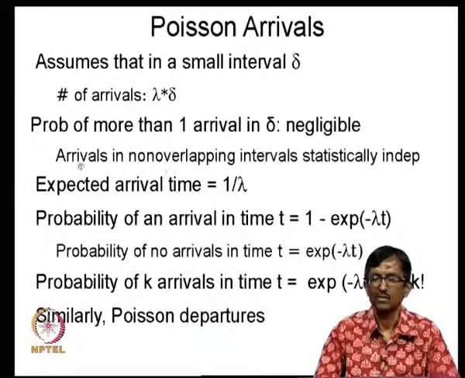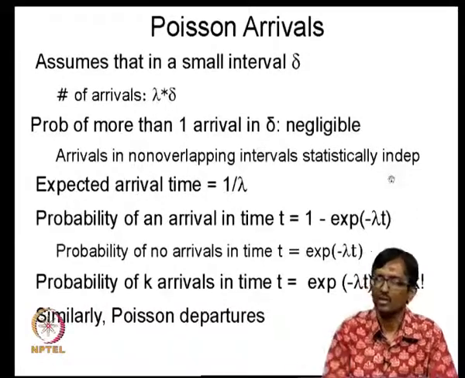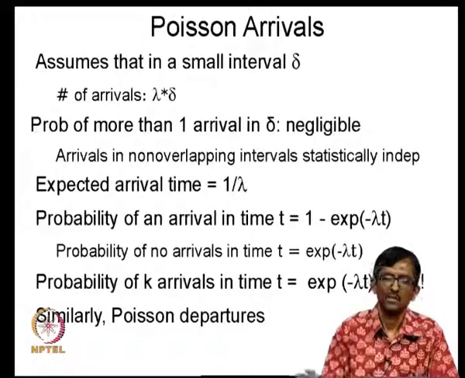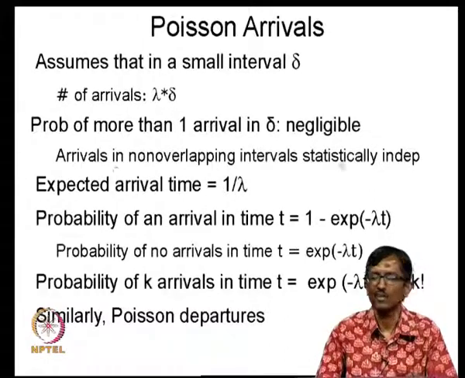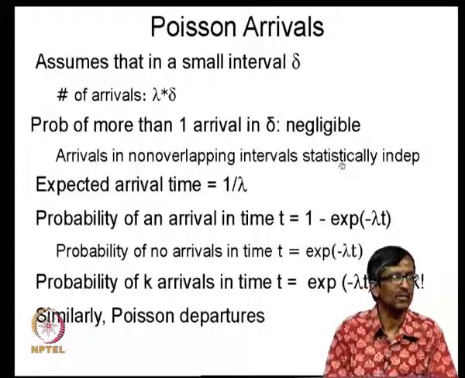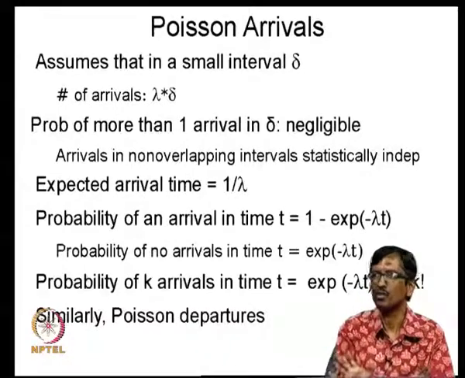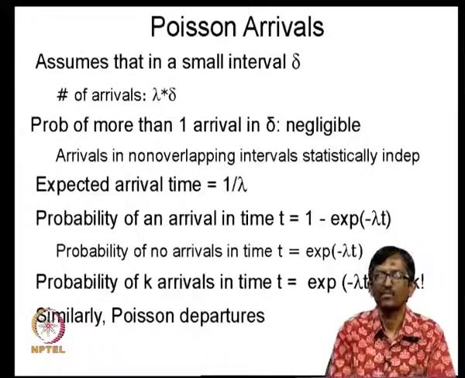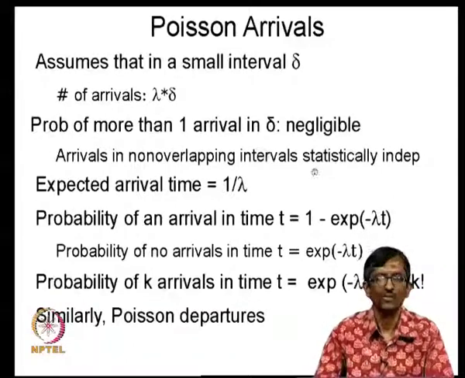Arrivals in non-overlapping intervals are statistically independent. You take any two non-overlapping intervals, and there is absolutely no information flow from one interval to the other, completely independent. This is oftentimes called memoryless.